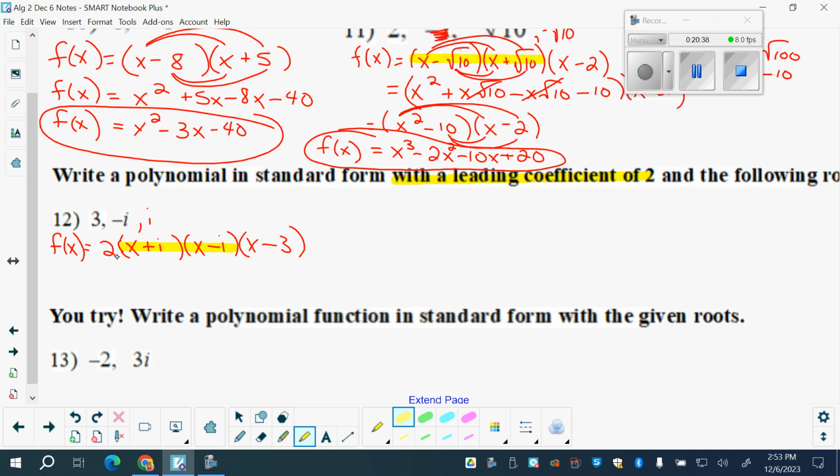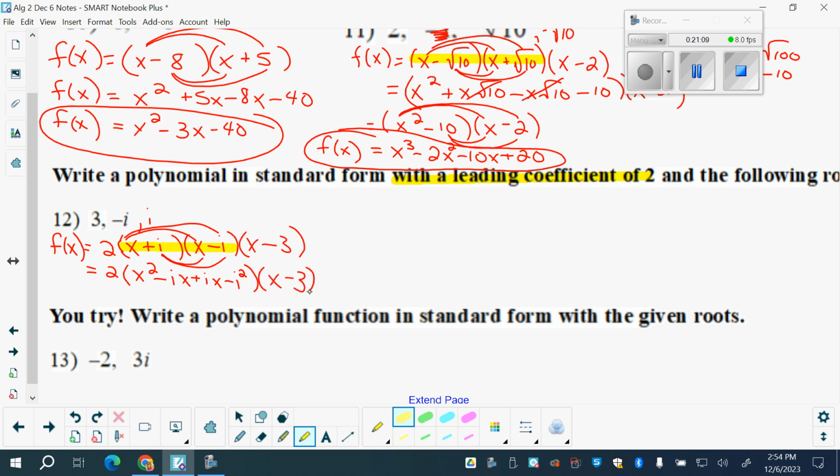Okay, so now we're going to multiply these 2 out first. And what would we get when we multiply these 2 together? x times x is x squared minus ix plus ix and minus i squared.